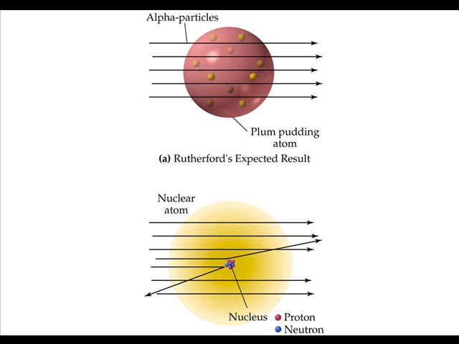Inside that nucleus is where the protons and neutrons were, and the electrons would make this cloud around the outside. Now it's important to realize how small that nucleus is compared to the overall size of the atom itself. So most of the atom is empty space or occupied by the electron cloud on the outside.